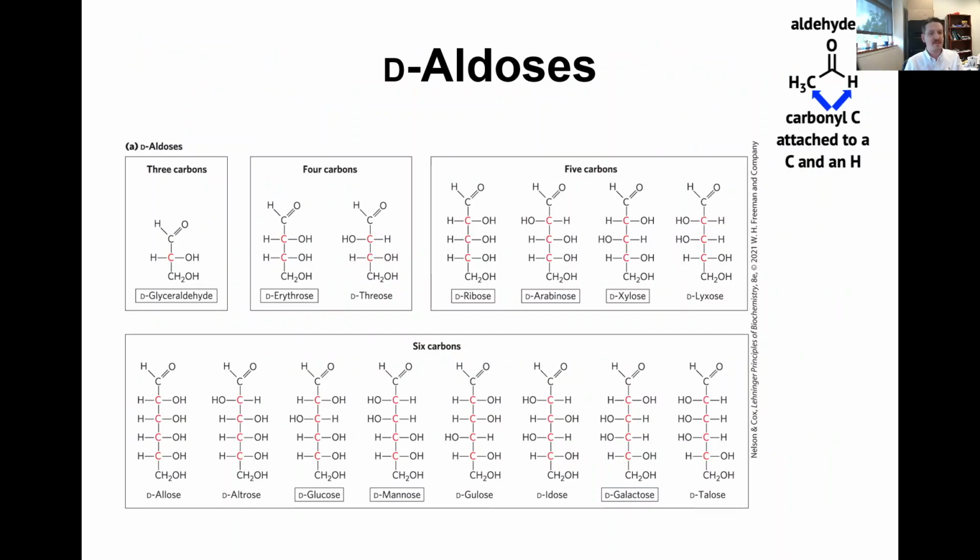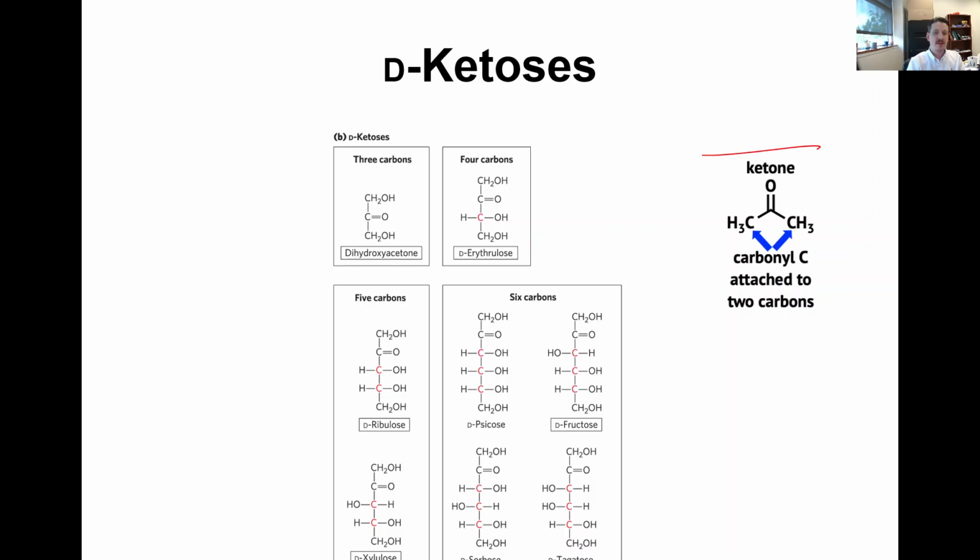And like I said, if we take another look at the aldoses, there's the aldehyde group up here. You can see that indeed they are all aldehydes, and the ketoses are all indeed ketones.